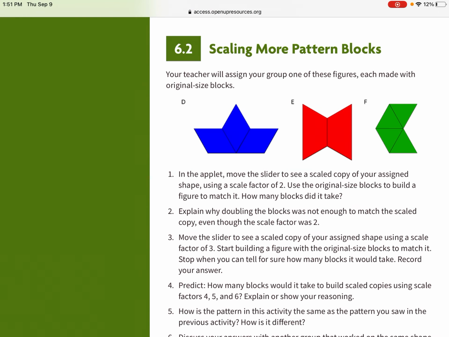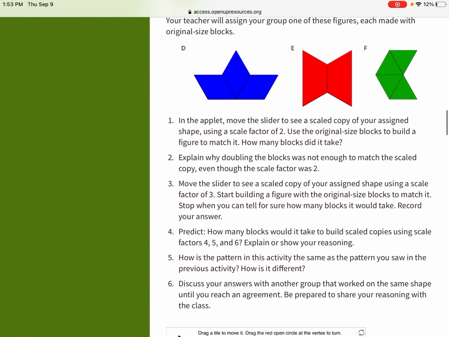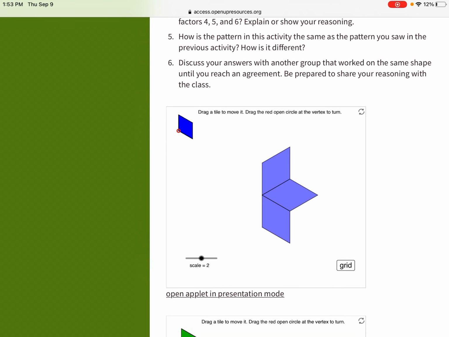This next one is building on this. If you notice, when we start this one, we have 3 of the original area shapes, 3 of those rhombuses, so it's 3 times the original area. This next one shows a scale factor of 2. We're just going to take this, rotate it, and put it in place.